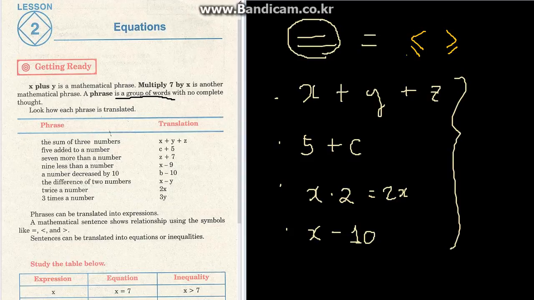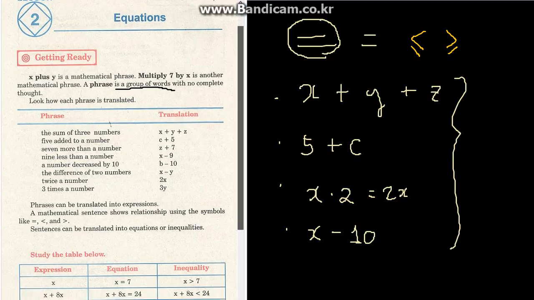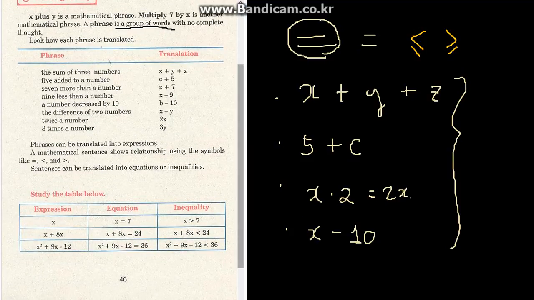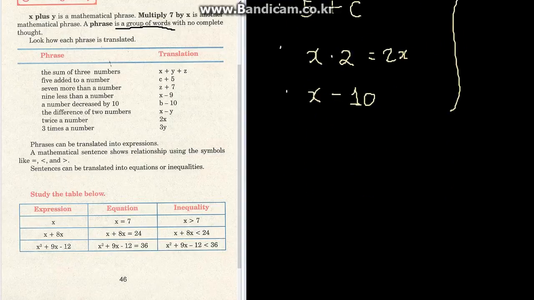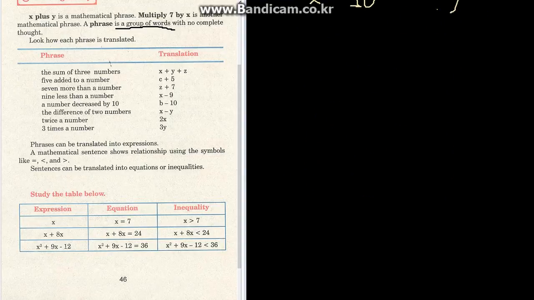So let's study some expressions, equations, and inequalities. Say x is an expression, and this can be translated into an equation.